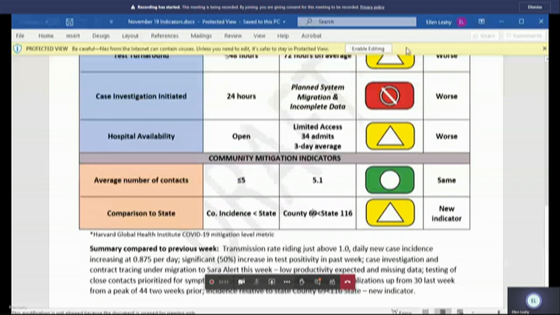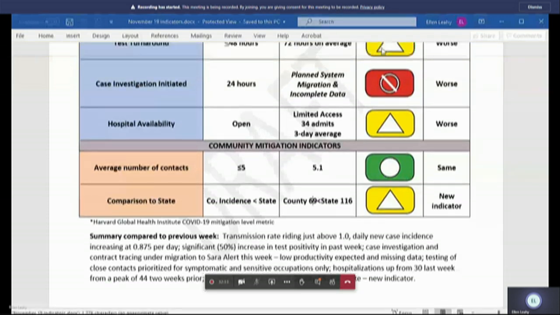That said, I do keep track of where we are in the state in relation to the state average for case incidence. And we have remained below the state average, so we are not even in the lead among large counties in terms of incidence rate, especially as we're dropping down a bit here to 67. So I put us in yellow.